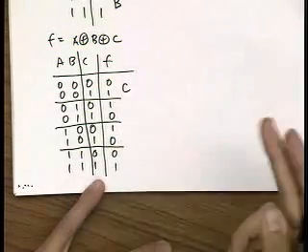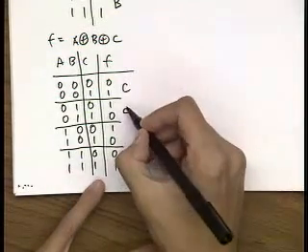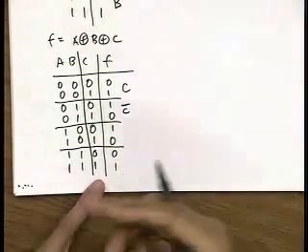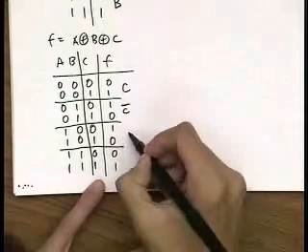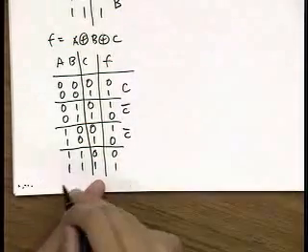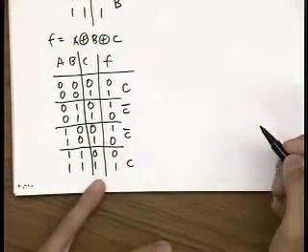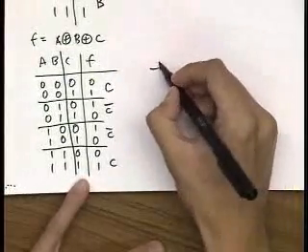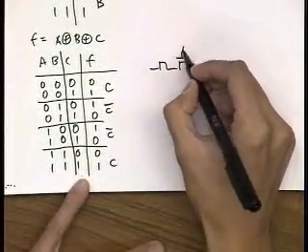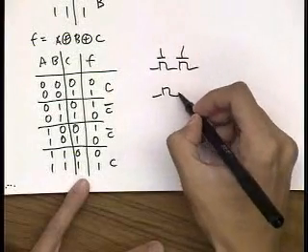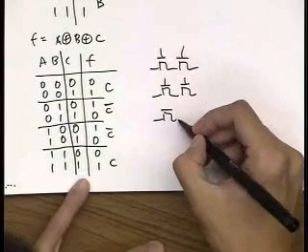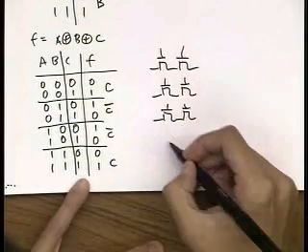When a is 0, b equals 1, the output is just c bar. When a is 1, b is 0, the output is still c bar. And when they're both 1, the output is c. If you implement this using pass transistors, obviously you have 2 switches in series to select 4 possible paths.